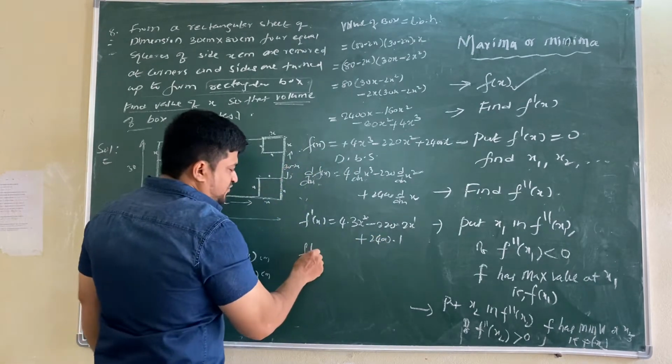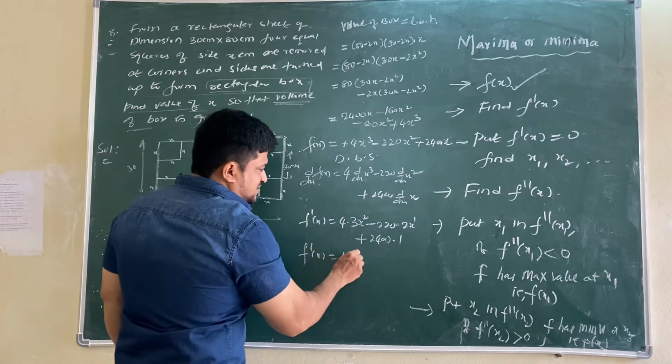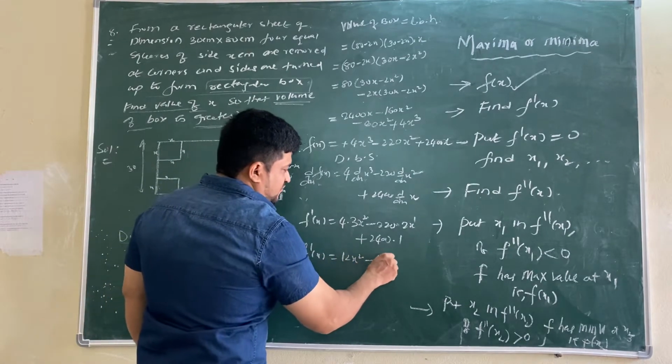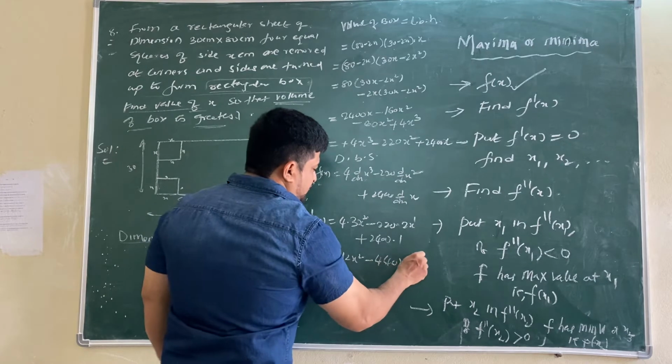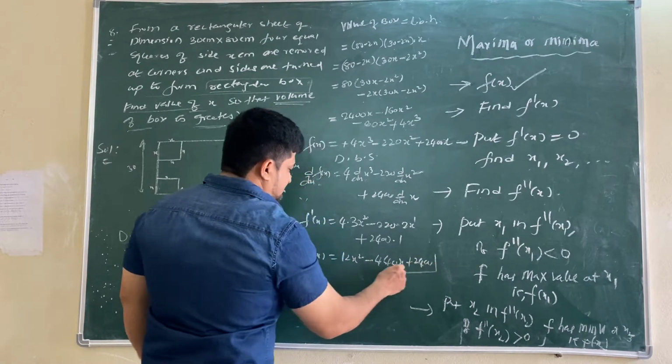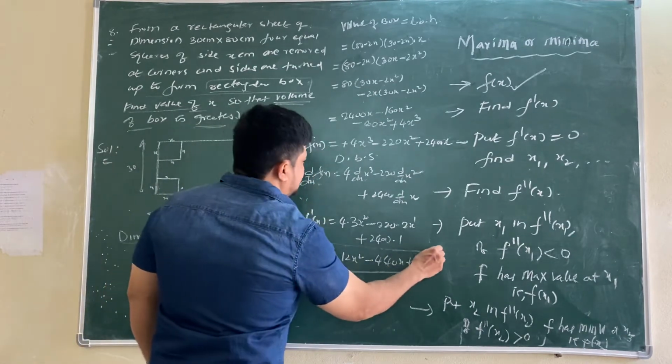So f dash of x will be 12x square minus 440x plus 2400. This is f dash of x.